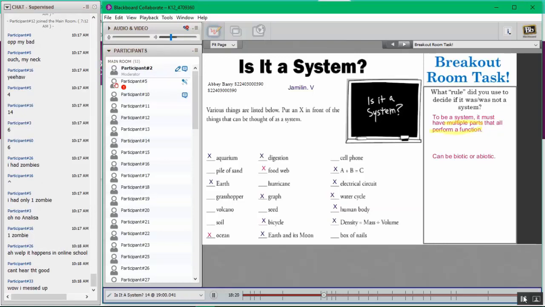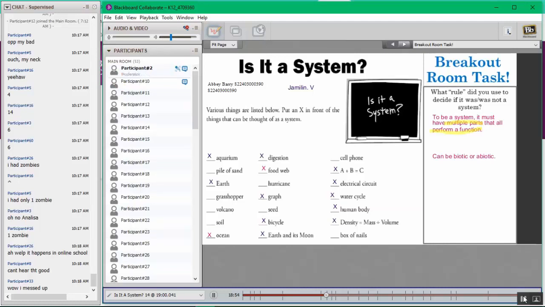Something that has a function, like an aquarium, has multiple parts and also has a specific function. And everybody knows that the digestive system is a system. So we decided to look for what has multiple functions.